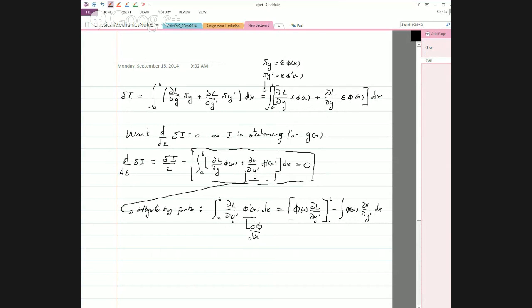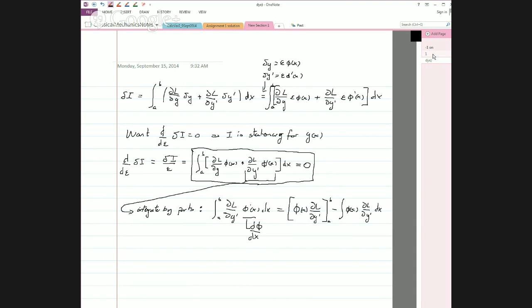So that's integrating that thing by parts. You just remove the derivative from the phi of x, and then there's the part that's integrated out trivially, and then there's a part that remains an integral. Okay? So now the interesting thing is, what is this thing here in square brackets equal to?